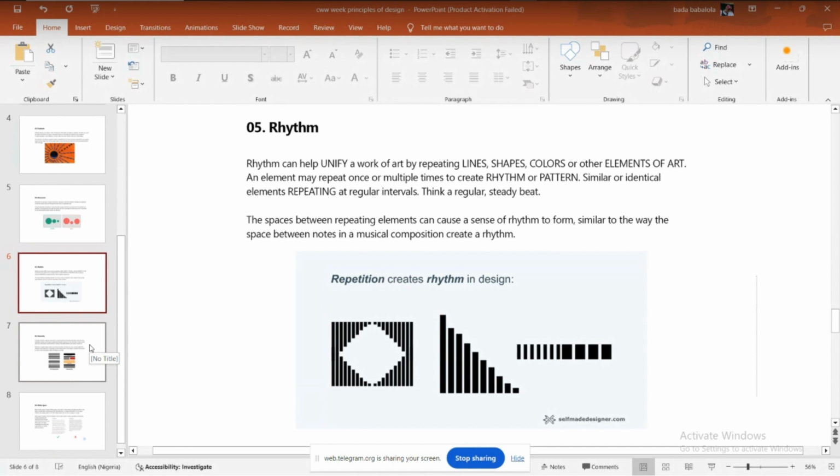Now in your design, it means that you are not just designing anything anyhow. You are creating a kind of rhythm, a kind of pattern. Don't let me explain it in musical terms. Let's just check a particular design to see how the rhythm works.